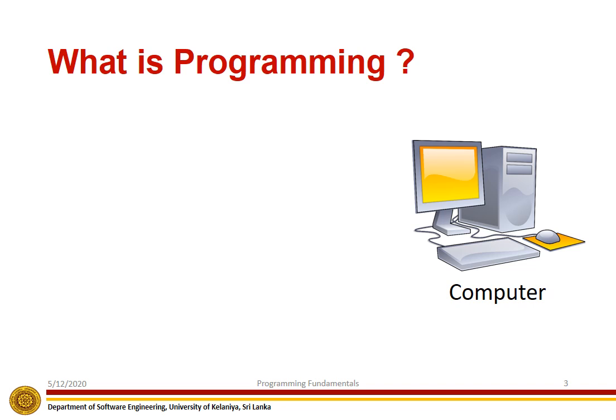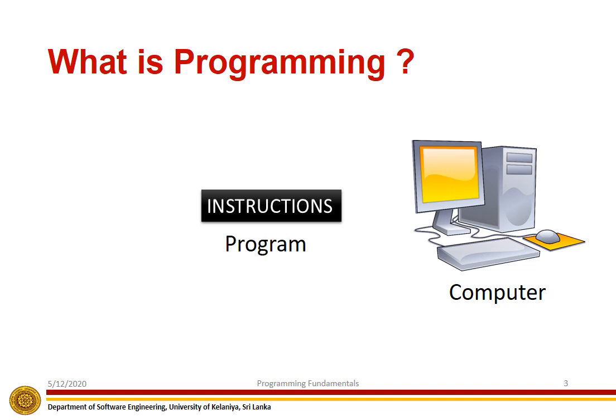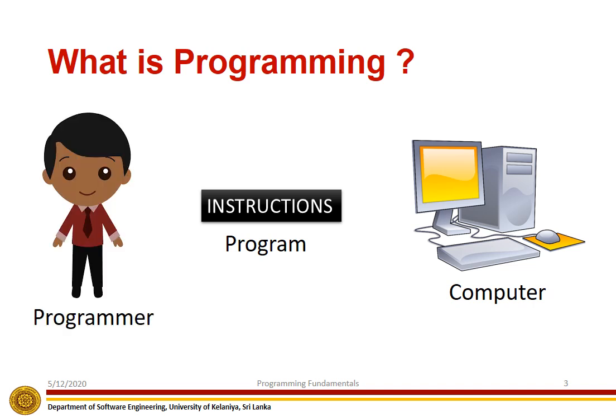If we want to do something on a computer, we have to give instructions to the computer. These instructions contain the step-by-step process of how to perform that specific task. Normally we call them a program, and the person who writes the program or instructions is called a programmer.